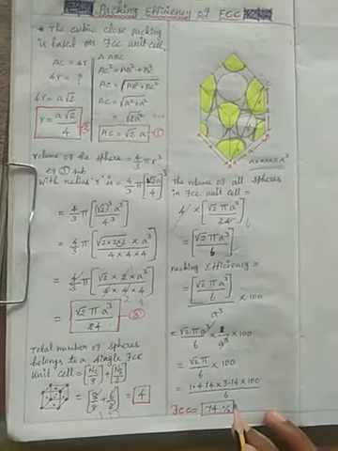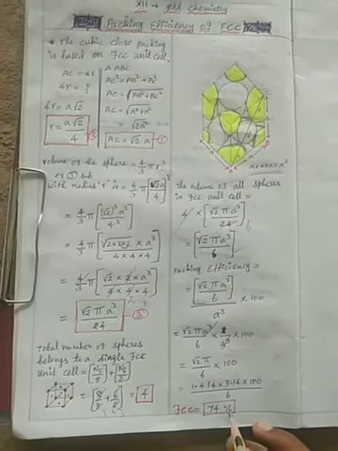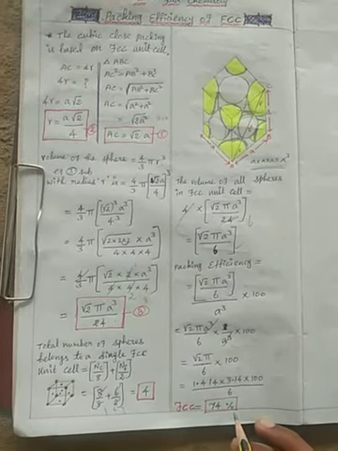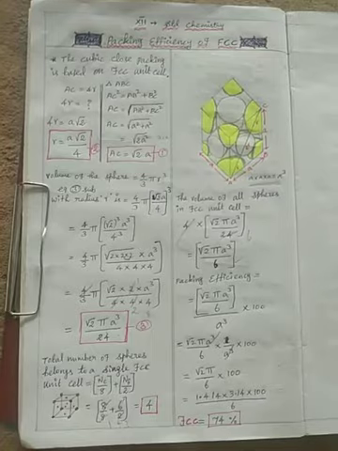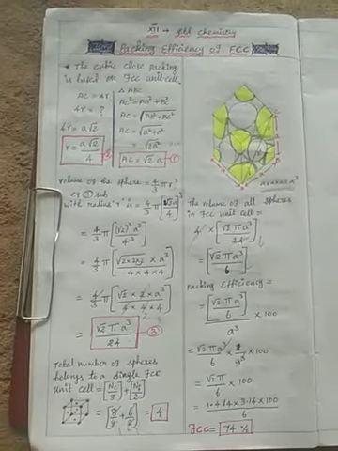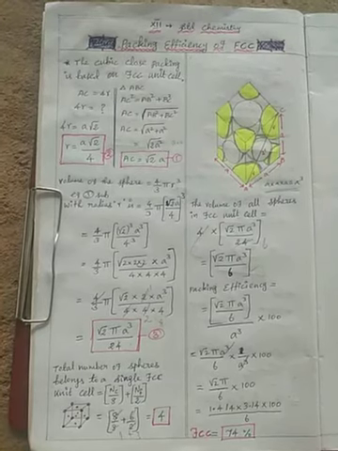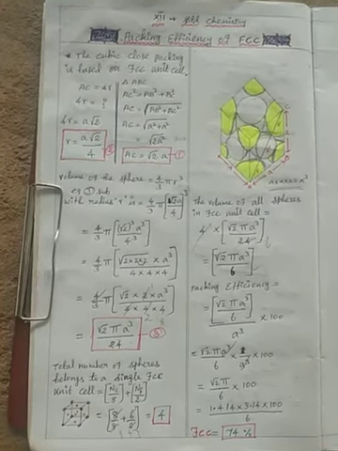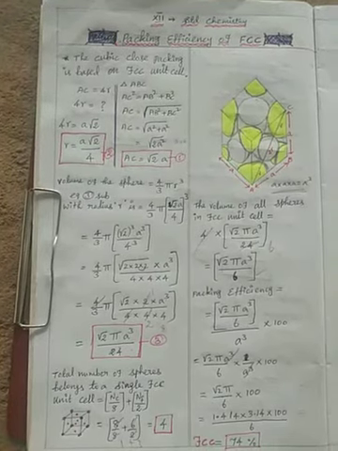That value is 74%. So the face-centered cubic occupies 74% of the space by atoms in the crystal. Thank you to all.